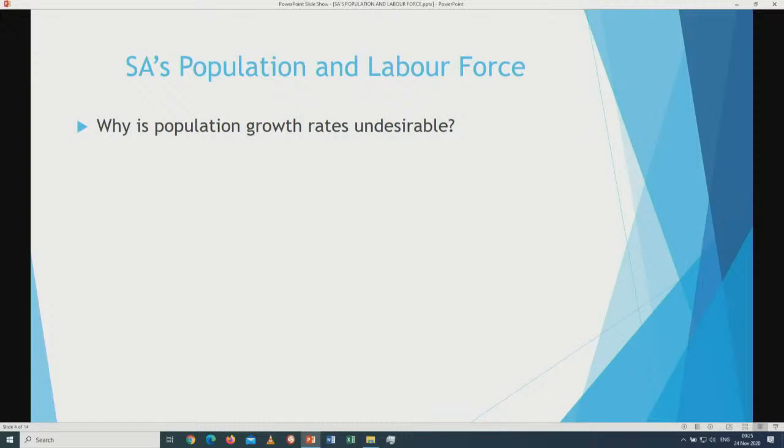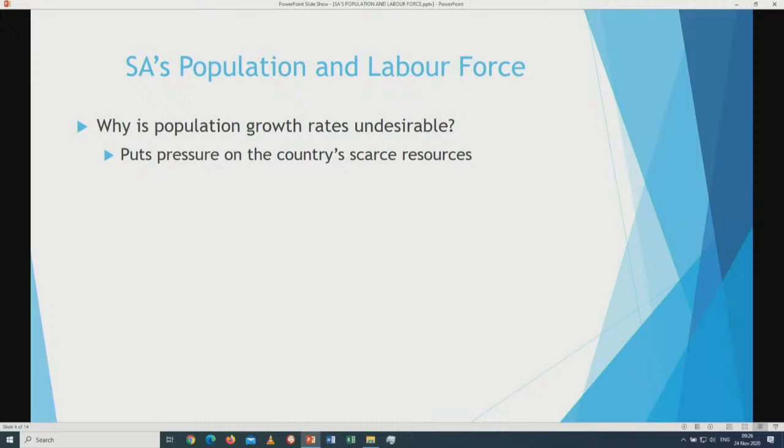So why is it an undesirable thing, this population growth rate? It is because if the population is bigger, or it's high, it will put pressure on the country's scarce resources. Those of you who have just been introduced to economics in grade 10 know that one of the problems in economics is that the resources to satisfy or fulfill our wants are limited.